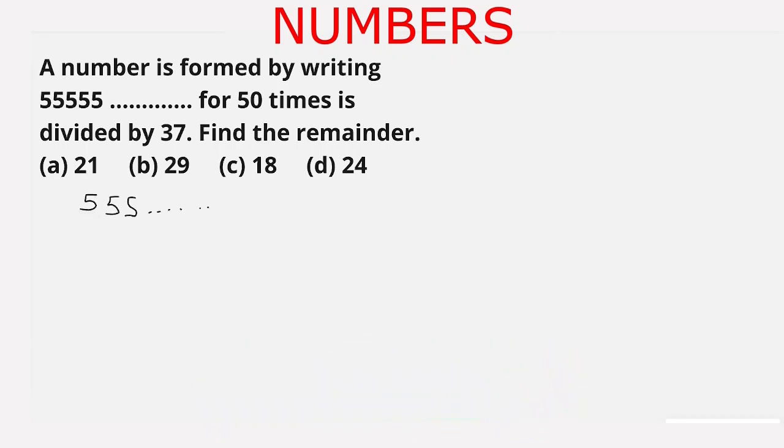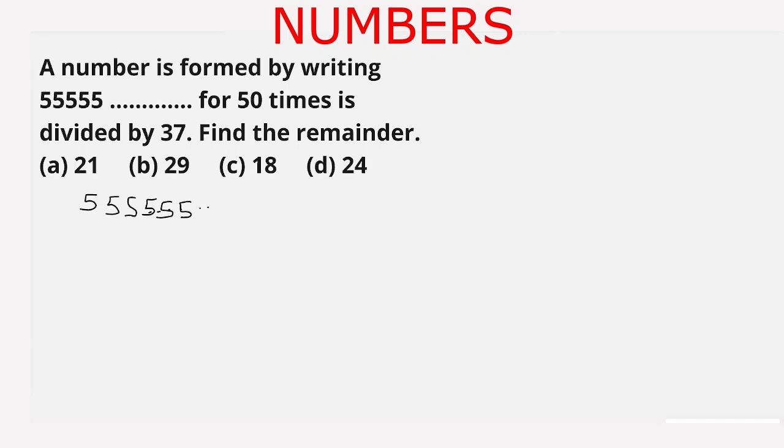The given number is 555 written for 50 times. If a number is formed by any digit repeated for 6 times, like 555555, this is 6 times, then such numbers are divisible by 3, 7, 11, 13 and 37.